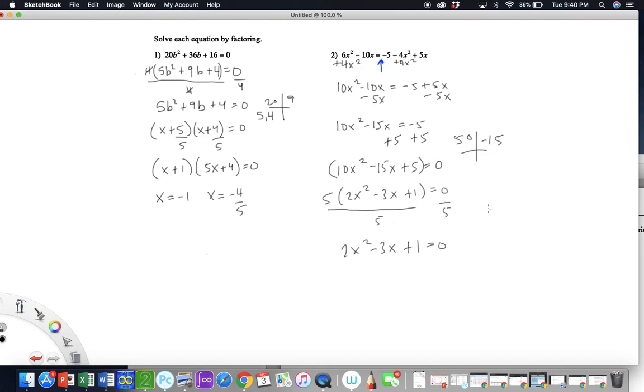So now we got 2 times 1, which is 2. I need 2 factors of 2 that when added together equal negative 3, and those would be negative 2, negative 1. And I'm going to write those as 2 binomials. And then I'm going to divide by a. So I'm going to get a divided by a, and I get x minus 1 and 2x minus 1 equals 0.